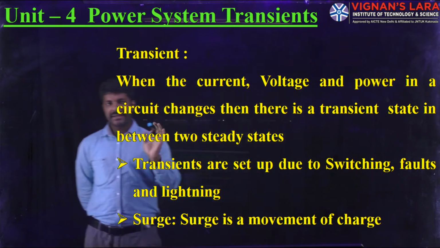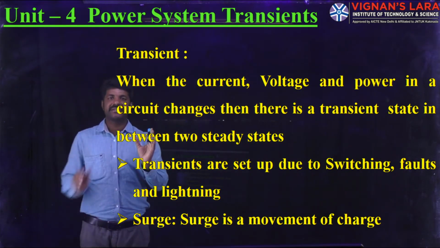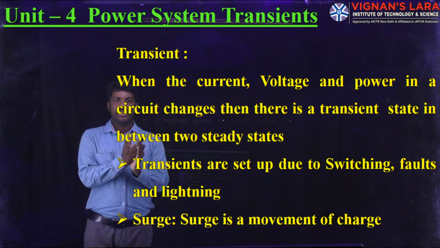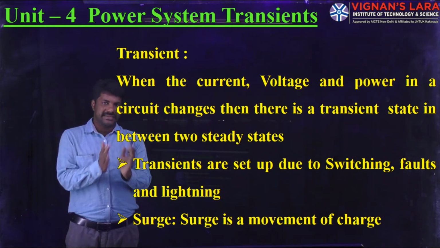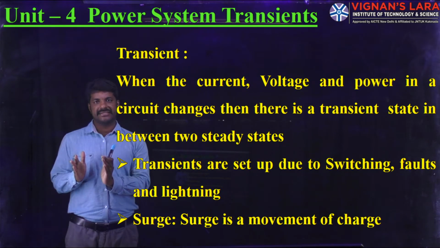Those magnitudes get changed from their steady state value. Steady state value means whenever it is operating without any disturbances, then I can say that it is a steady state operation.